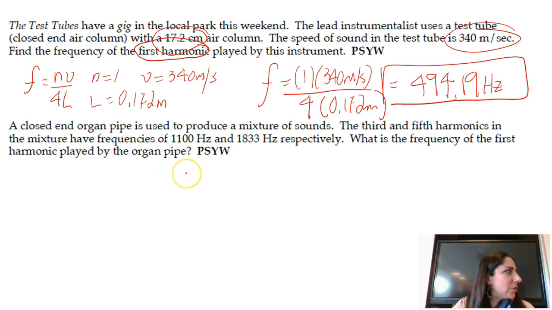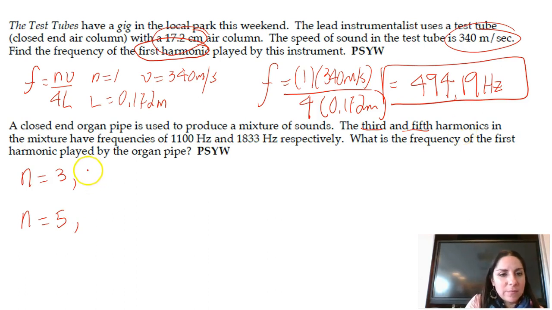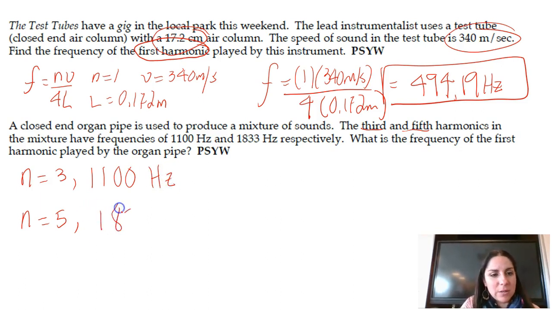And then in this question, I have a closed-end organ pipe. It makes a mix of sounds, the 3rd and the 5th. So like I said, these are actually N equals 3 and N equals 5. They told us the 3rd and the 5th are 1100 hertz, and then 1833, and this is the frequency of the third.